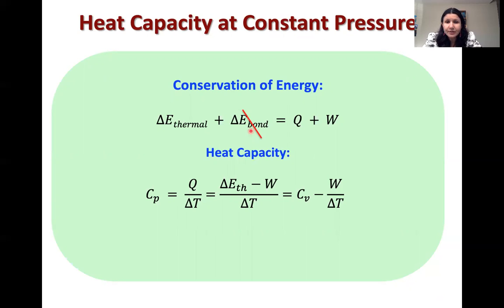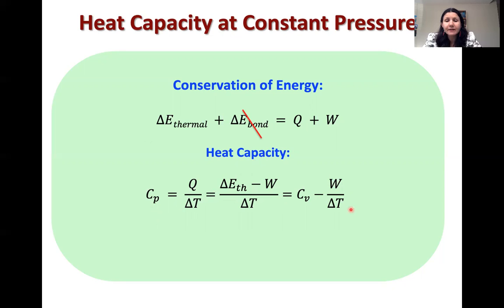So let's go back to our most general equation for conservation of energy. Bond energy is still zero. We're still only talking about thermal energy, but now we can no longer neglect work. So if we rewrite our heat capacity C, now due to an experiment done at constant pressure, it's still Q over delta T, but now Q is no longer just equal to E thermal, it's equal to E thermal minus work.